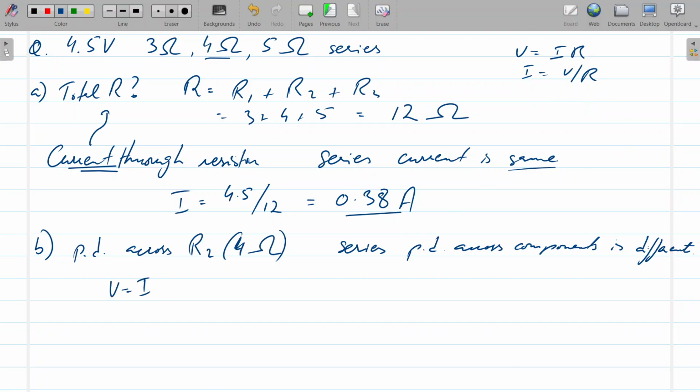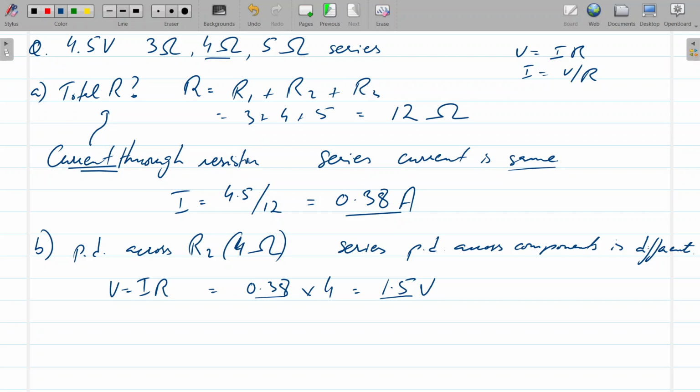So V equals IR, which is 0.38 multiplied by 4, and that's going to be 1.52. We're going to go with 1.5, because it's two significant figures, and 0.38 is 2, 1.5 is 2. You're not going for two decimal places, but two significant figures.